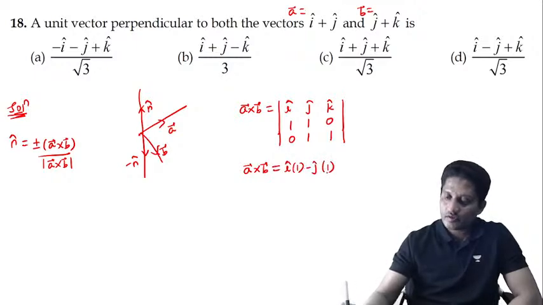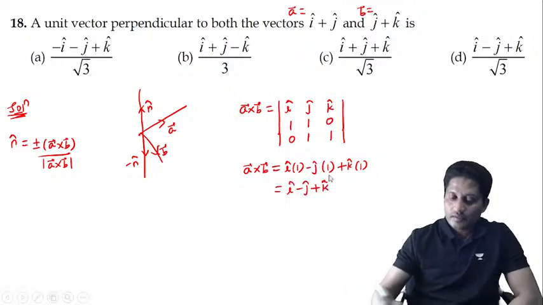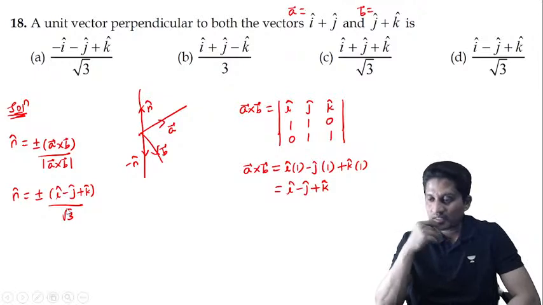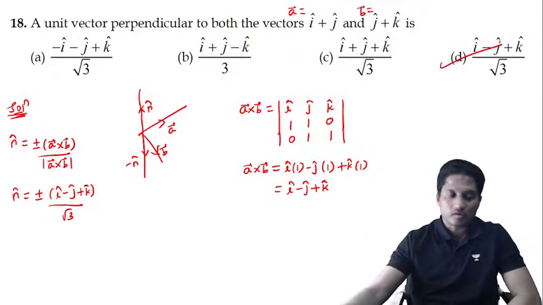Delete first row second column 1 plus k into first row last column is 1. This will be I minus j plus k. Right, n cap is equal to plus minus A cross B, which is I minus j plus k, and modulus of this will be equal to root 3. So plus minus I minus j plus k by root 3. Answer is option D.